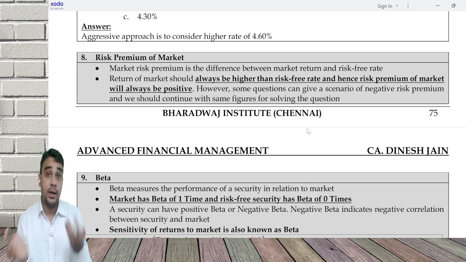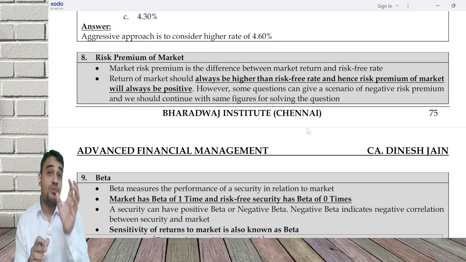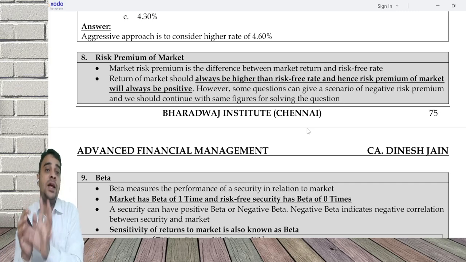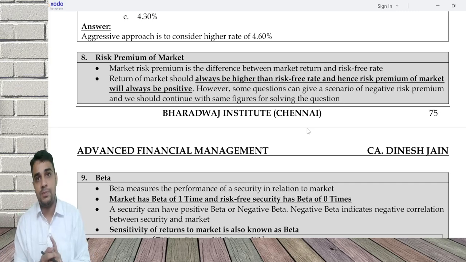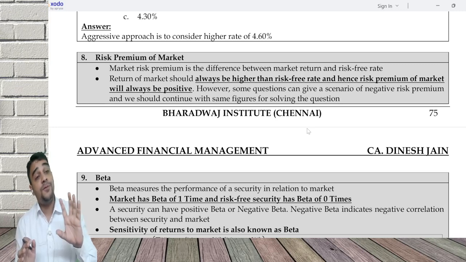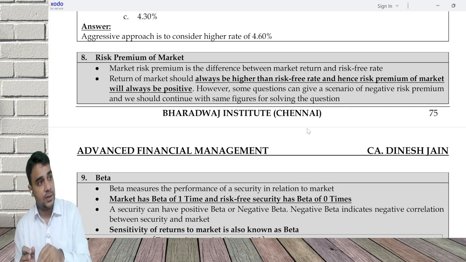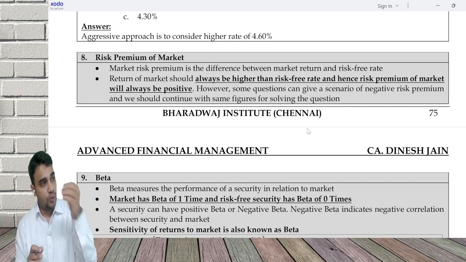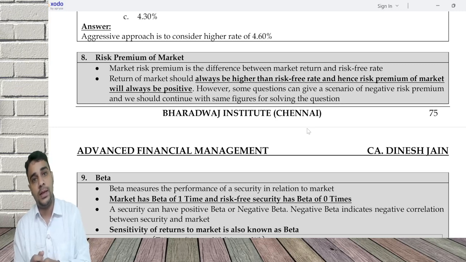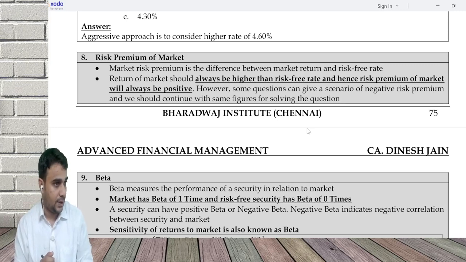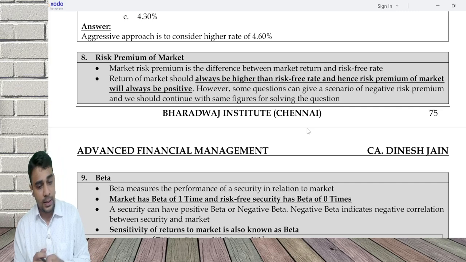So that is a negative beta. If your movement is more or less similar to market movement, beta is 1, because the market has a beta of 1. 1 means normal risk. If the market goes up by 5%, you go up by 20%, or it goes down by 5, you go down by 20. That is technically called more than 1 beta.